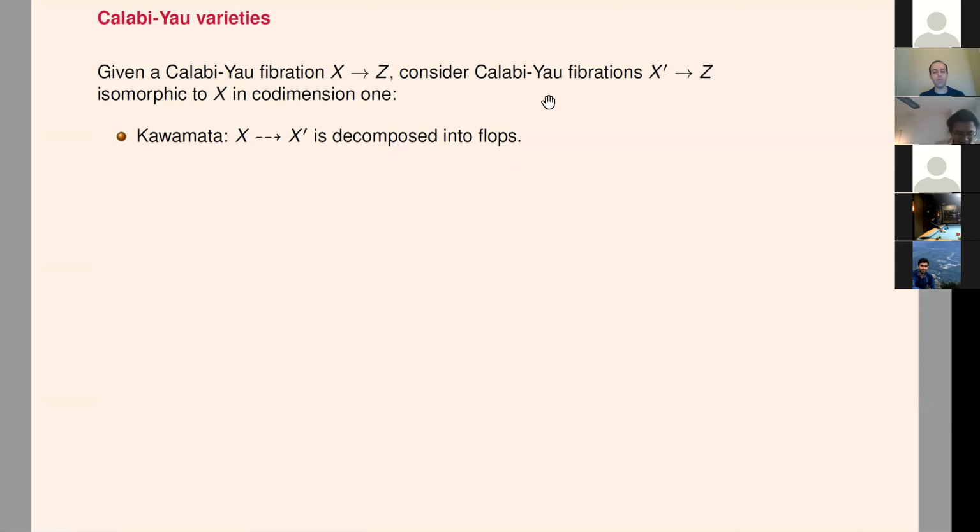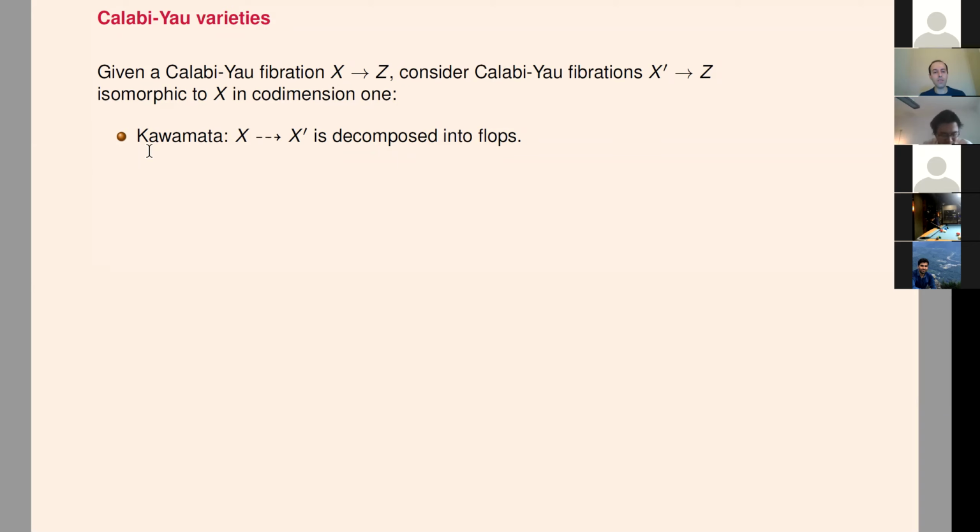So that means that outside some codimension 2 subvariety, X and X' are the same. So these are interesting because, for example, if you run the minimal model program on a fixed variety, the minimal model program is not unique. It can give you different outcomes depending on which direction you go. And usually what happens is that in the end you get X and X', and they are isomorphic in codimension 1. So it becomes one of these settings.